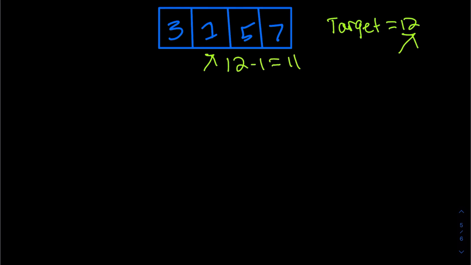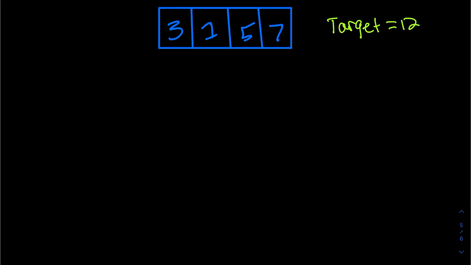And then we can store all the previous values we visited in a data structure that I'll talk about in a second and ask, have we seen 11 before? And if we have, we know that the two numbers that we want to get to the target are in the array, and we can return their indexes.